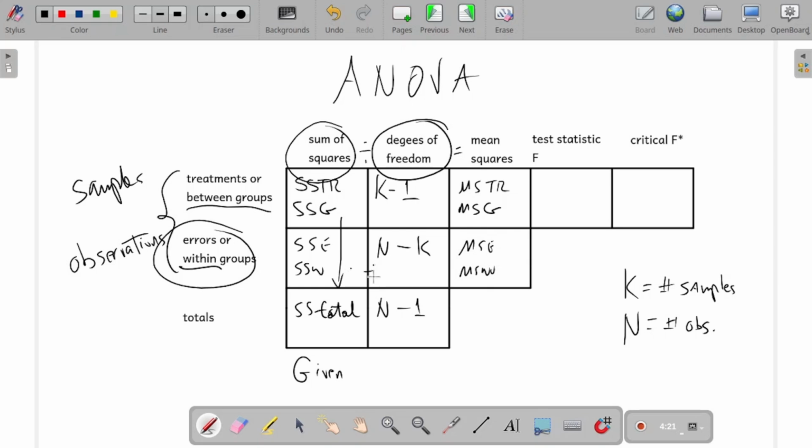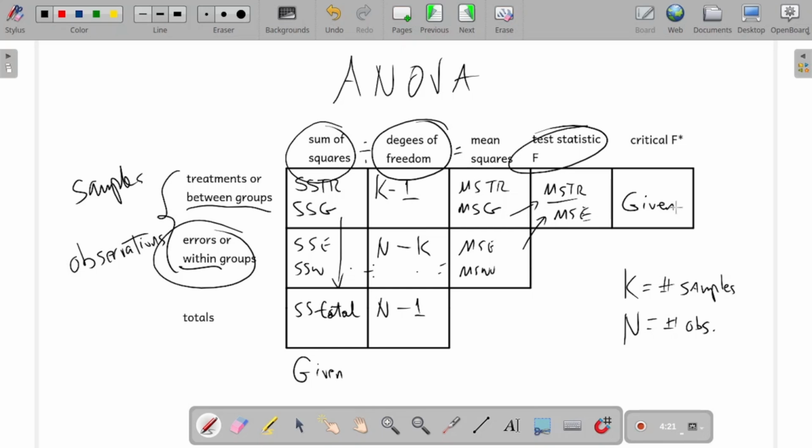This divided by this gives you that. Our test statistic F comes from these two values. MS treatments divided by MS errors gives you your test statistic. If you need the critical value for F, this will be given.